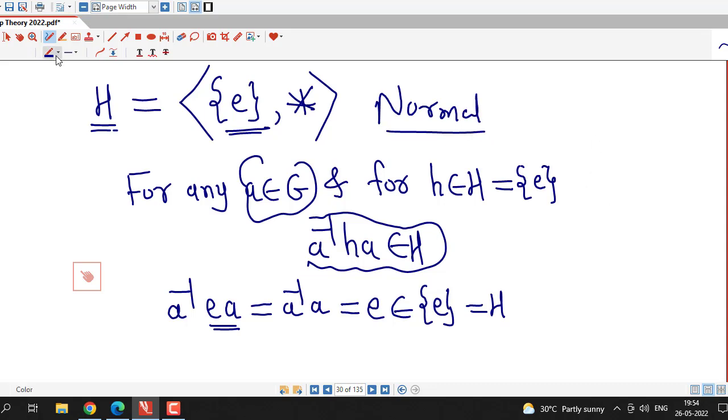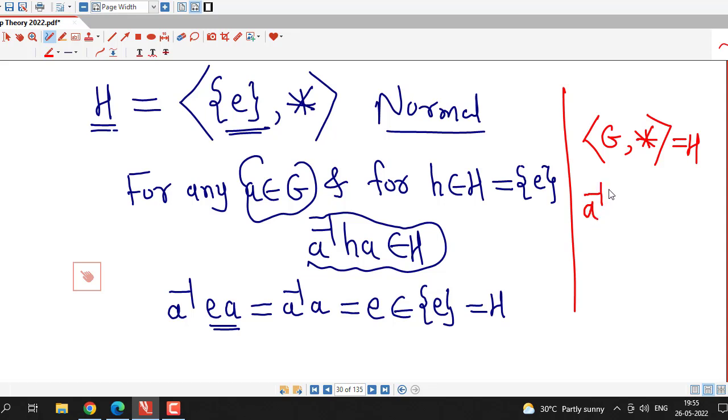Similarly, if we consider group G itself, another normal subgroup of group G is the group itself. If we take H equal to group G itself, then this condition will be automatically satisfied because A is an element of G, and H is an element of the subgroup, but the subgroup we have taken as G itself.